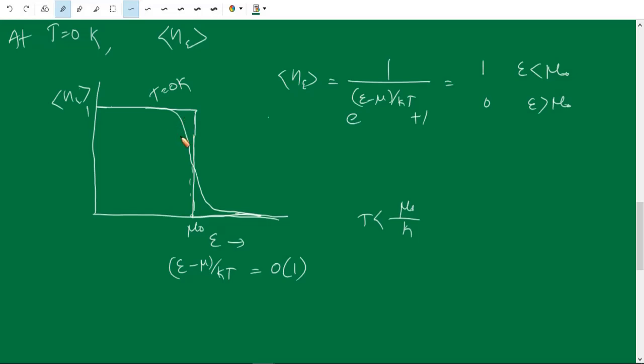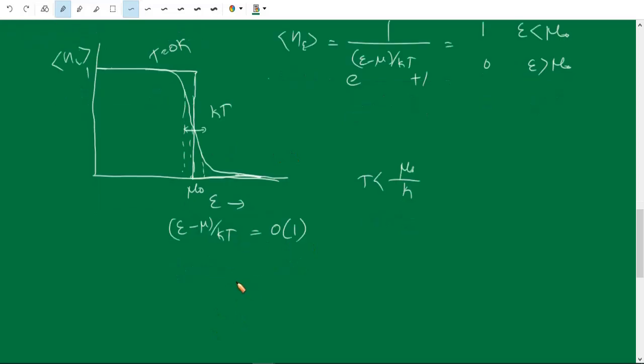Only around this mu 0 does thermal excitation happen. It is a narrow range of energy around E equal to mu 0, with a width of the order of kT. Now, what is the fraction of particles thermally excited?